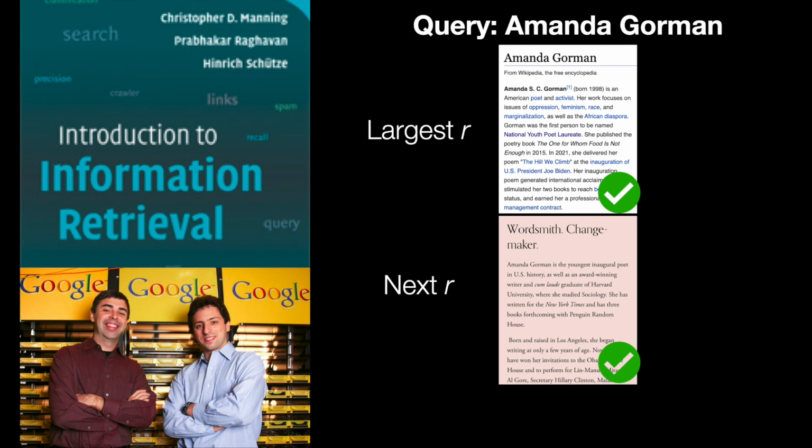So we get the largest R, maybe this Wikipedia page. The next largest R is Amanda Gorman's personal page. Maybe there are many pages between that, and this t-shirt page that is using some strange or illegitimate way to drive traffic has some very small R. This is not a very trustworthy page, so it is far down in the page results.